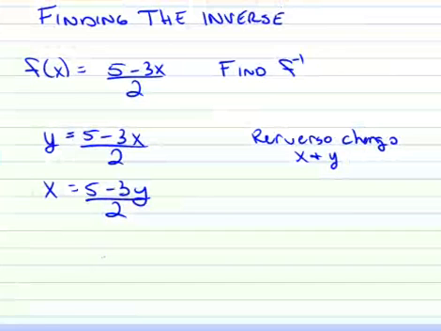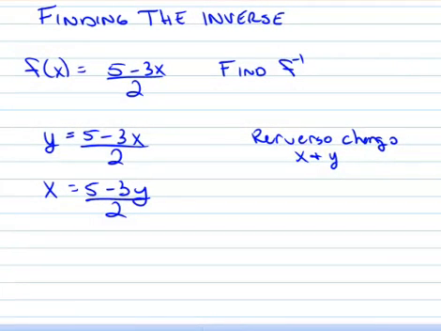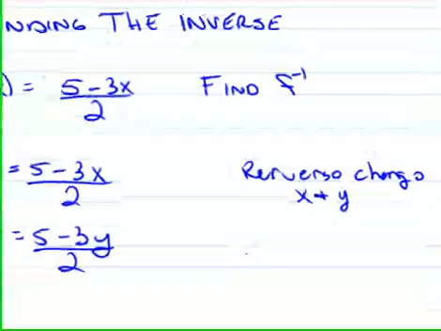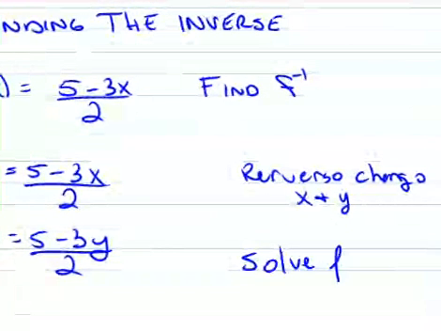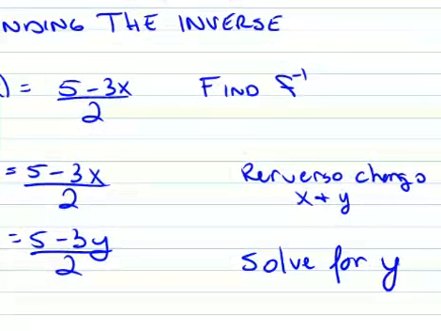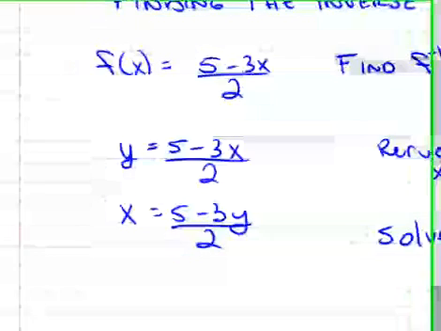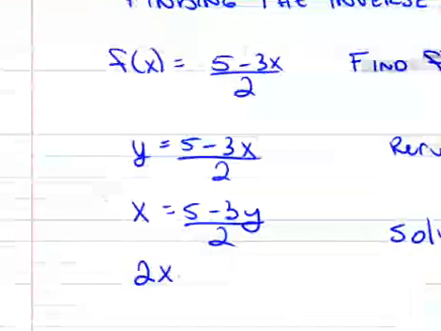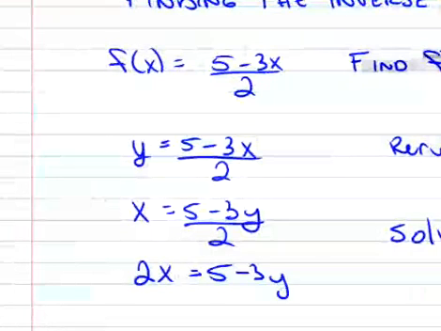So let's see here. Amelia casts reverso changeo and changes the x and the y. After that, though, you've got to solve for y, which means you've got to get y by itself. So you cast transfiguration and move the 2 over here by multiplying both sides by 2.